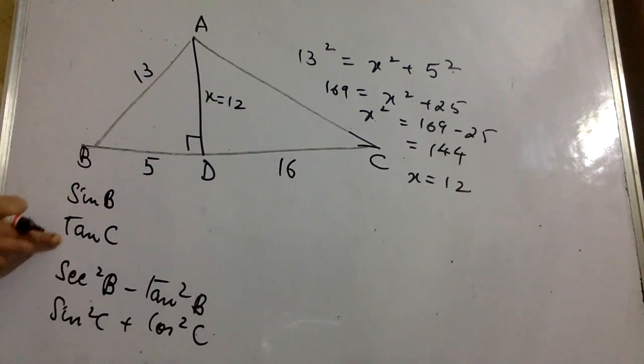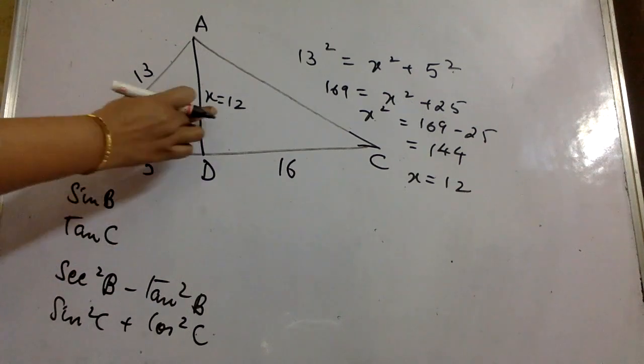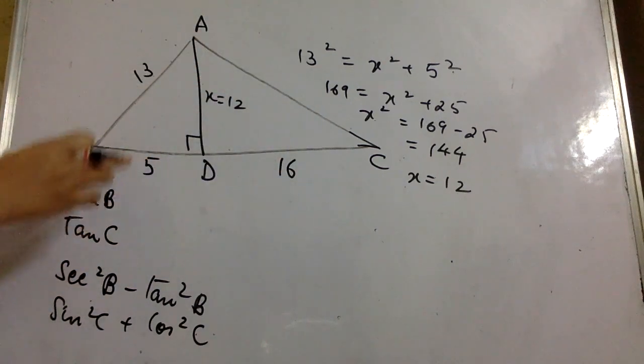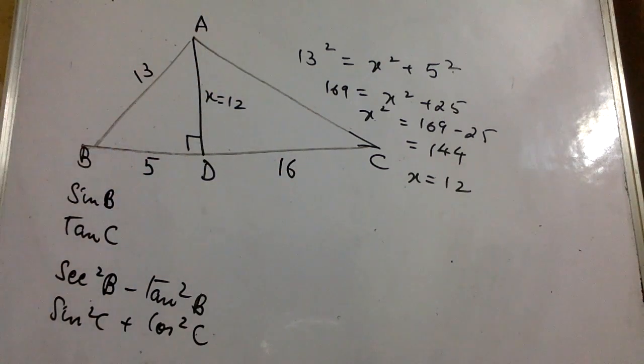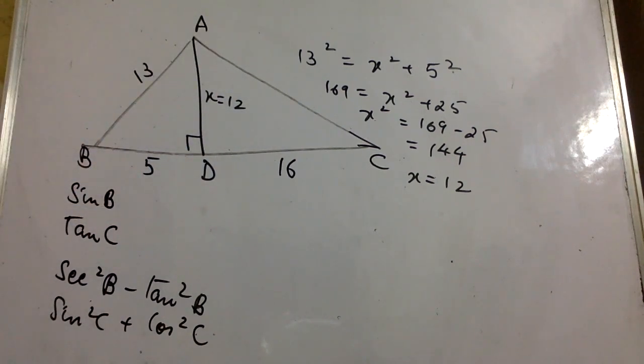Now there are values they have asked for, trigonometric ratios. They have asked even for tan C, for angle C. So in that case, we'll have to know all the sides of this triangle as well. So now we'll have to again find the value of this one.